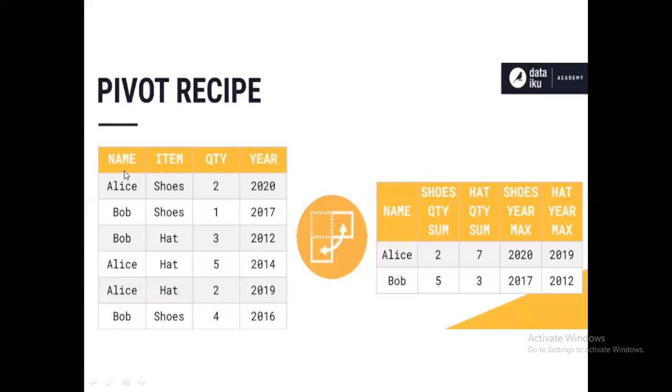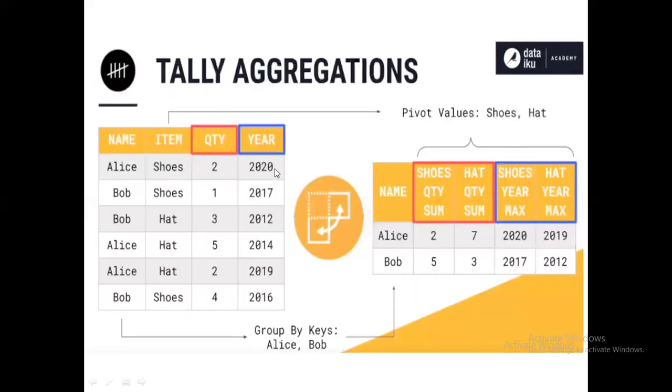At the same time, the group key is name and the aggregations are quantity and year. If you tally the aggregations, I have given them clearly: group by keys Alice and Bob, pivot values shoes and hat, sum of quantity, max of year. That is the only simple thing.